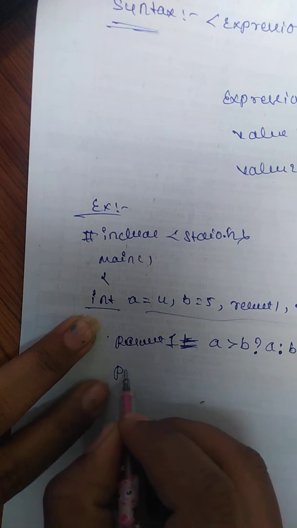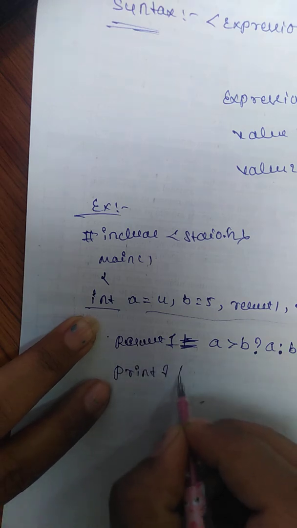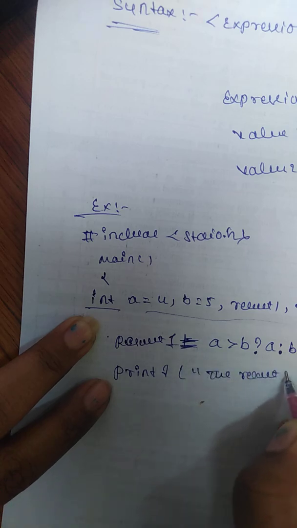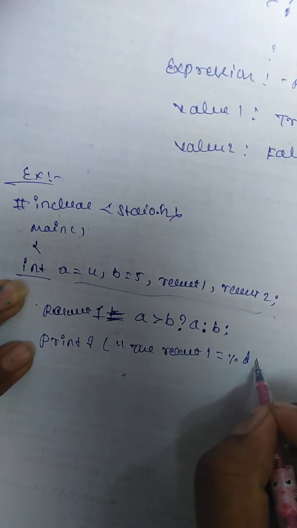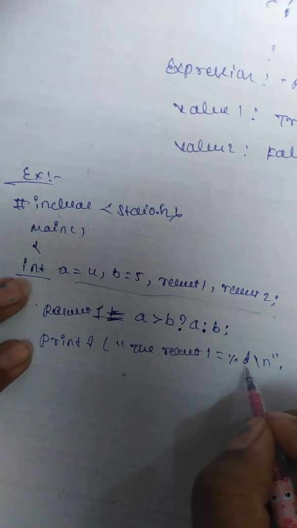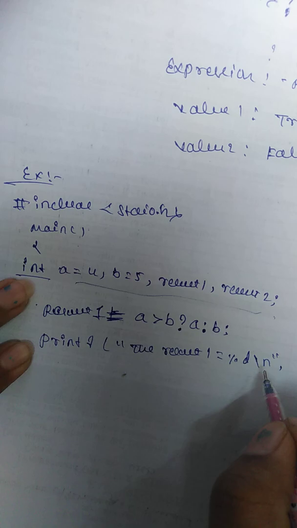Now we can print the value. printf result 1 is equal to percent d. Why do we use d? Because it is an int, so we return percent d, comma, result 1.